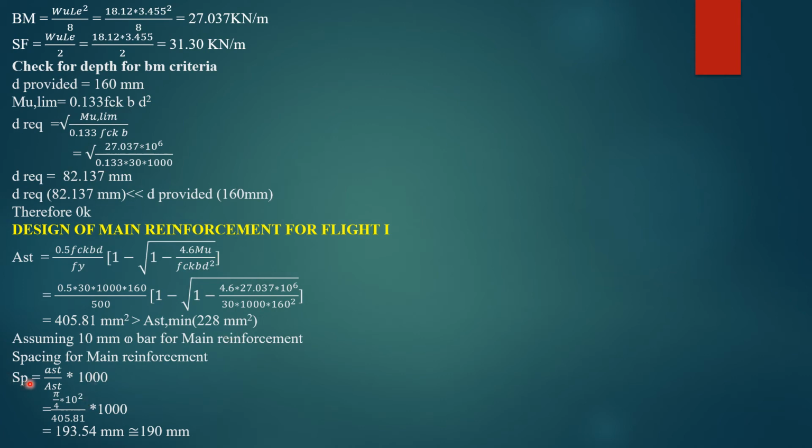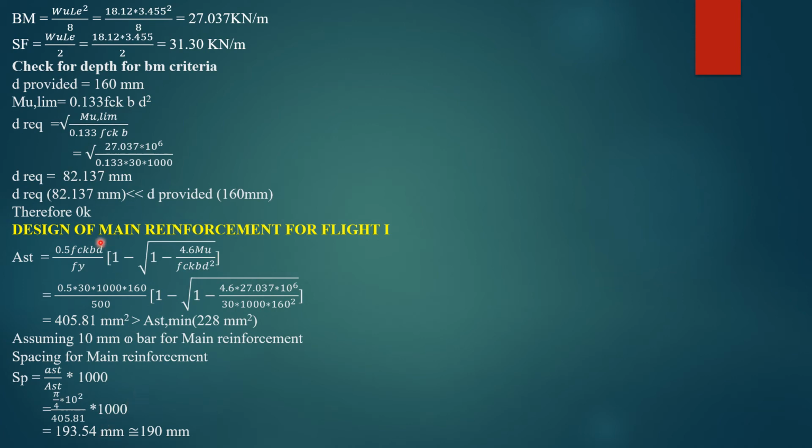The formula is spacing equals small AST upon capital AST into 1000, where small AST is the area of the bar we assume and capital AST is the actual area required. So pi by 4 into 10 square, divided by 405.81, into 1000.